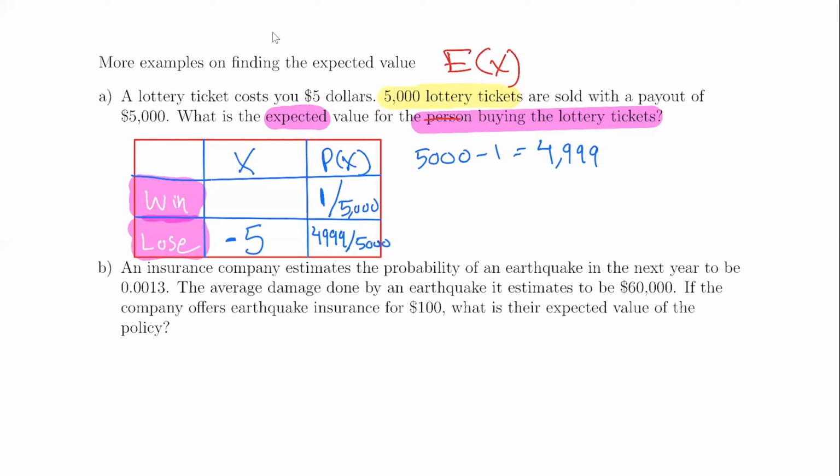Then if they win $5,000, you have to account for how much they had to pay to play the lottery. They had to pay $5. So you put 5,000 minus $5, which gives you 4,995.